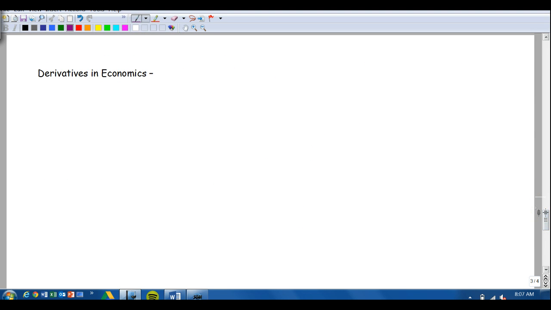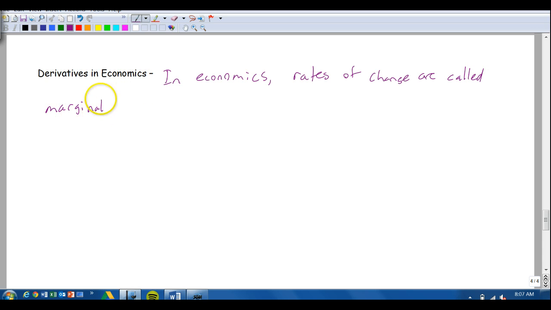All right, economics. Real quick, I'm going to just do these quickly. So in economics, just another way to show how we can use derivatives. Rates of change are called marginals. So normally there's a cost associated with producing something. We're going to call that C of X, cost of producing X amount of units.